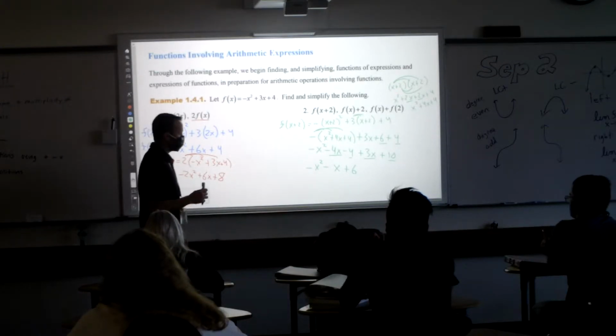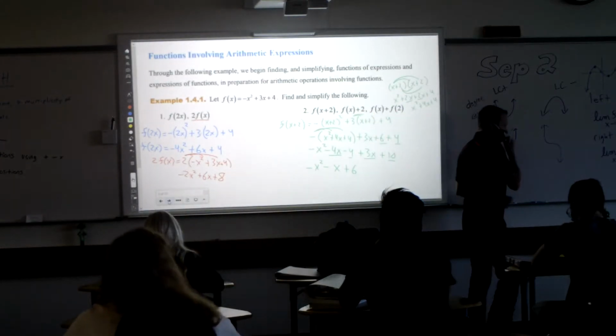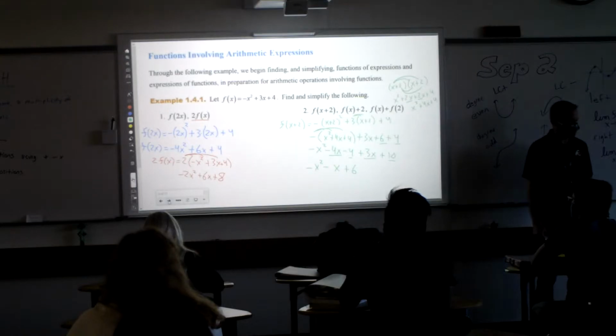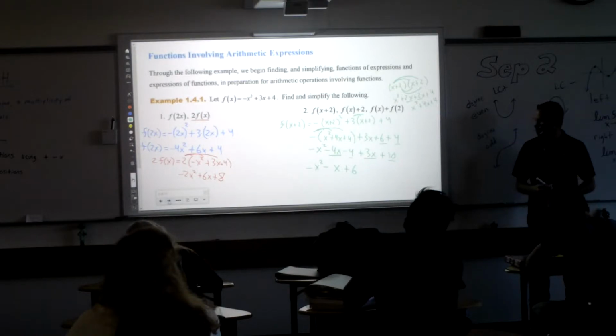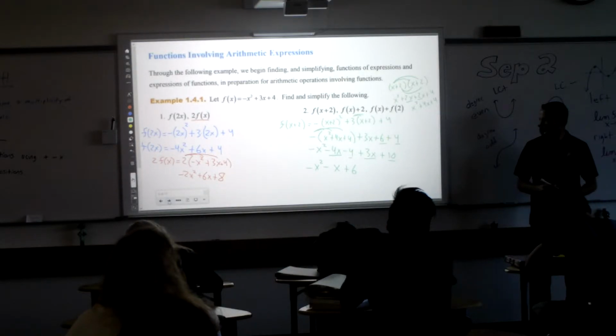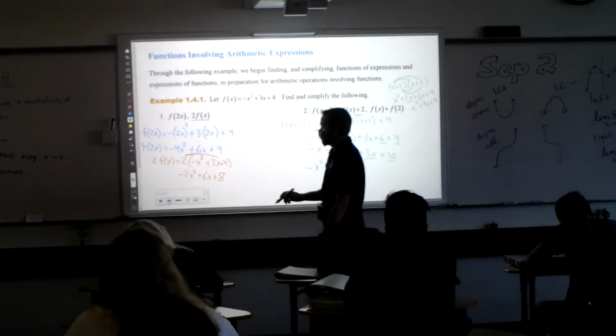Awesome. Okay. Let's go to Carson Murdoch. f of x plus 2, what is that asking us to do? Are we plugging anything in? Just add in 2, right? So that one's going to be my favorite one.